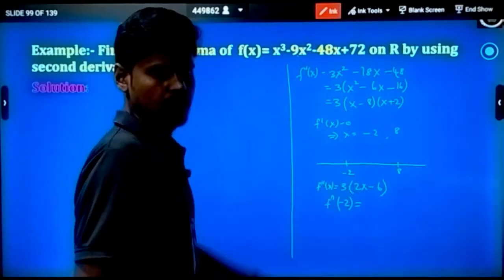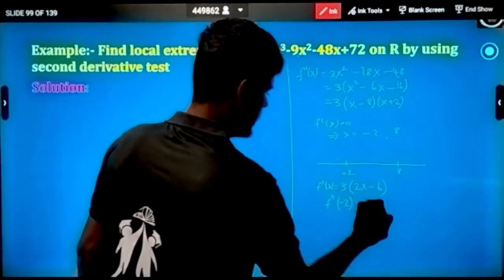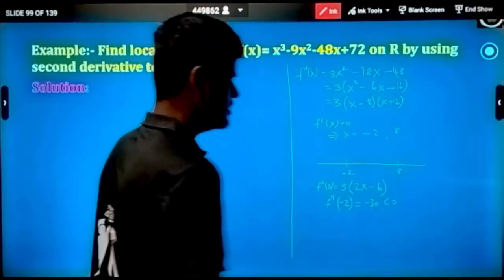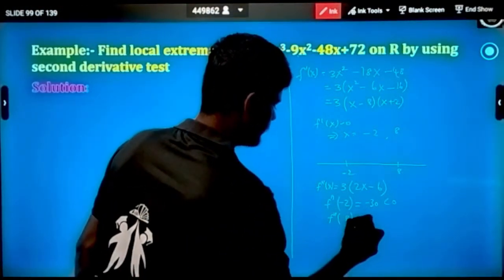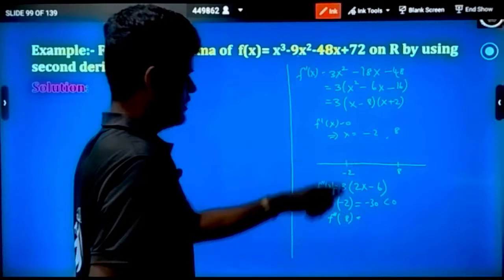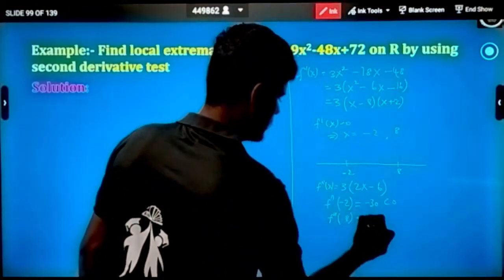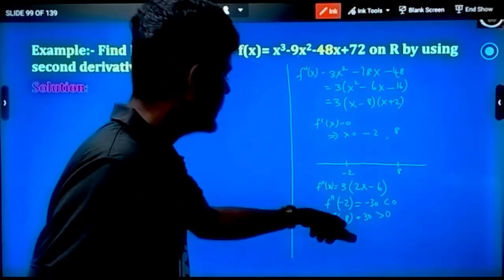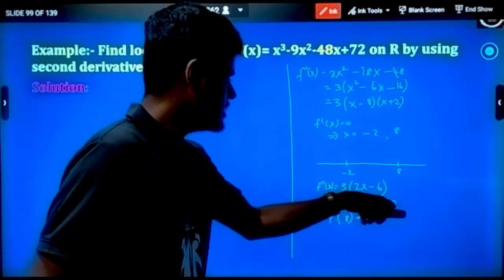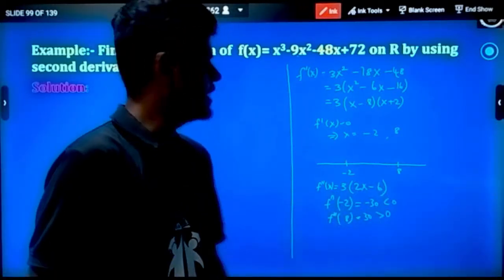This value is minus 4 minus 6 is minus 10 into 3, minus 30, which is less than 0. And what about f double dash at 8? That will be 2 into 8 is 16 minus 6 is 10, 30, which is greater than 0. So f double dash at the critical point less than 0 means that point is a maximum point, and greater than 0 means it is a minimum point.